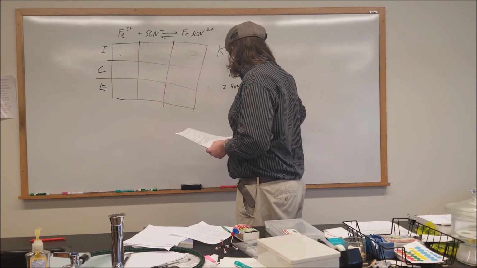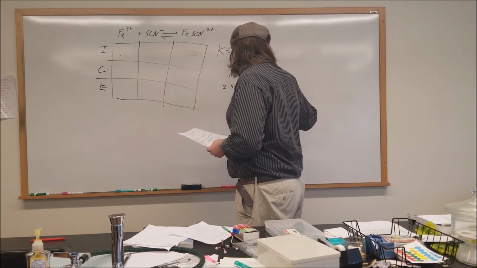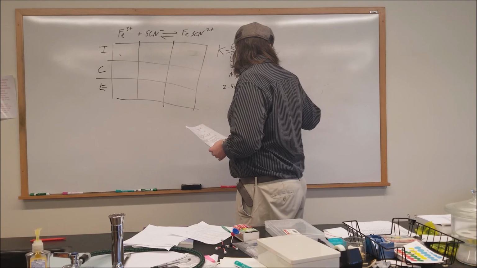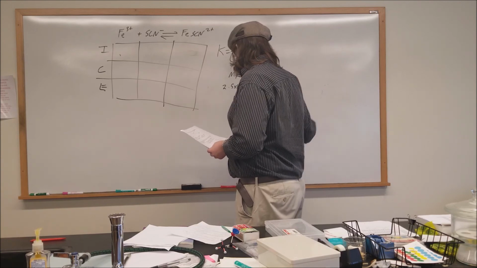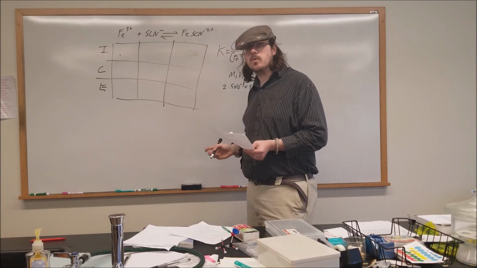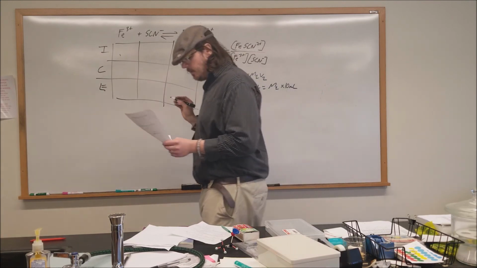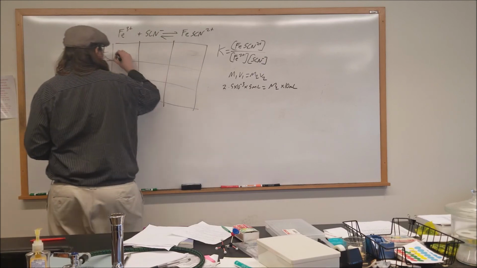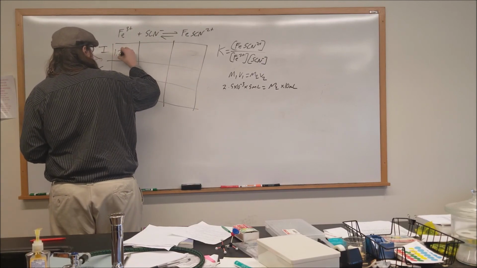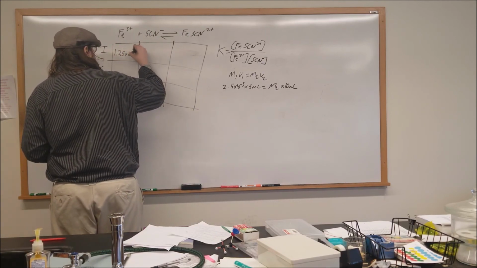We're using 5 mLs, but we are diluting it with another 5 mLs to make it 10 mLs. So in both iron and thiocyanate, we have to divide by a factor of 2 to get 1.25 times 10 to the -3rd molar.